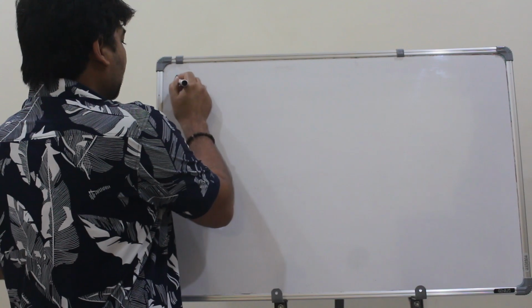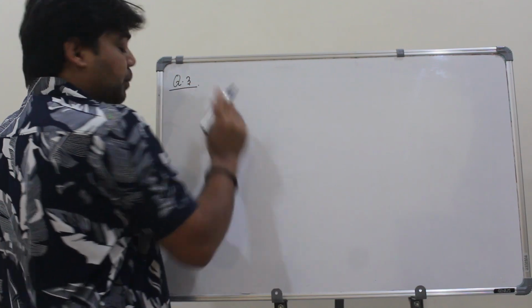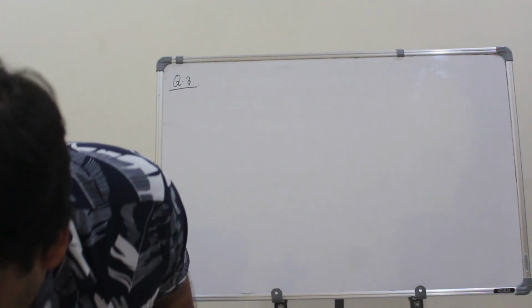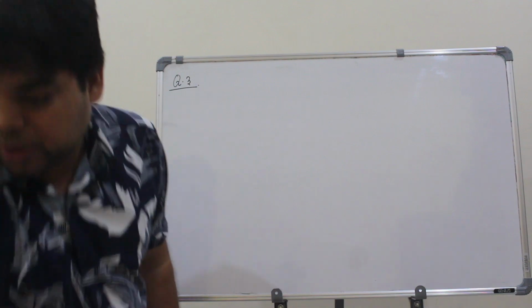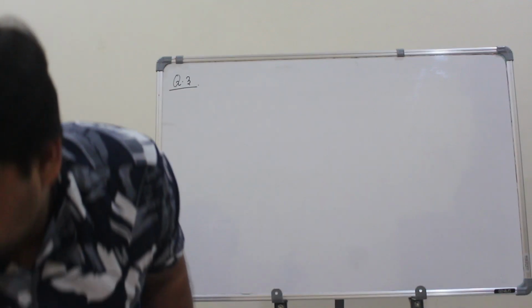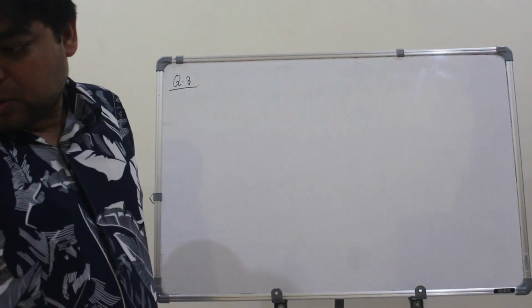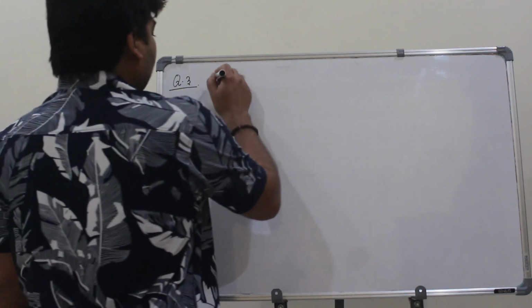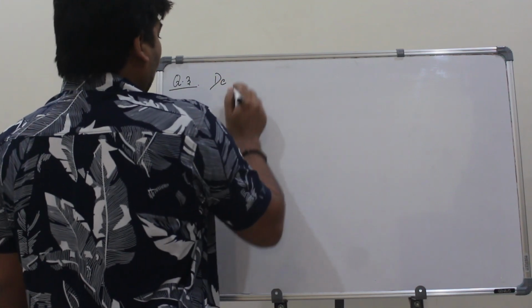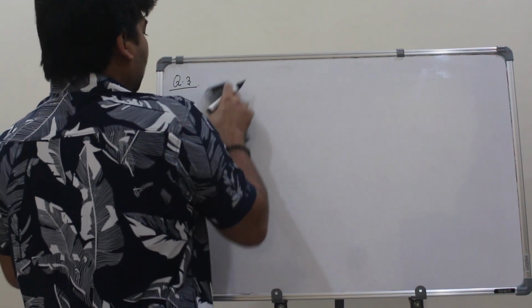Now let us take another problem, question number 3. It says: the de Broglie wavelength of an electron moving with a speed. So what is the de Broglie wavelength of an electron?